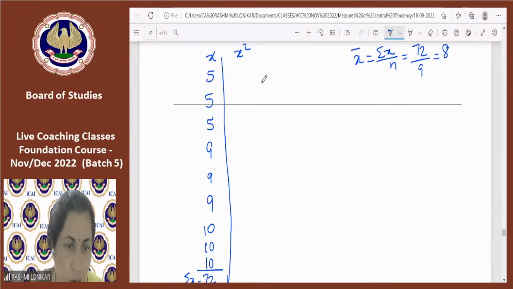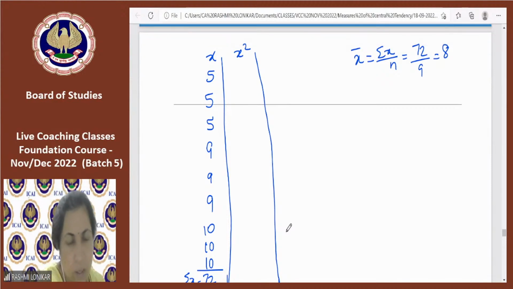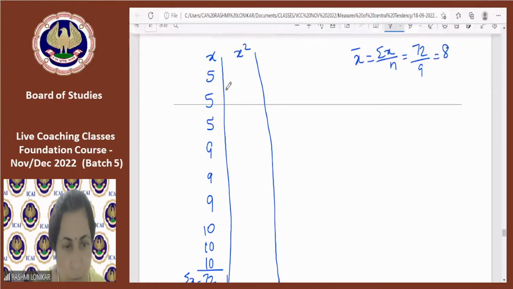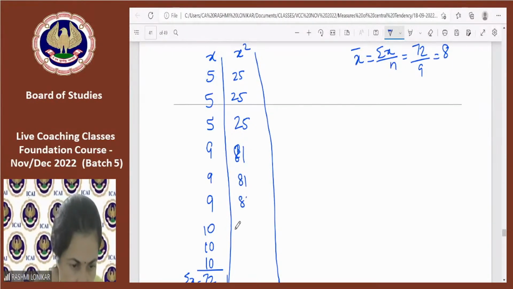Okay. Now let us find x square. This is 25, 25, 25, 81, 81, 81, 100, 100 and 100.